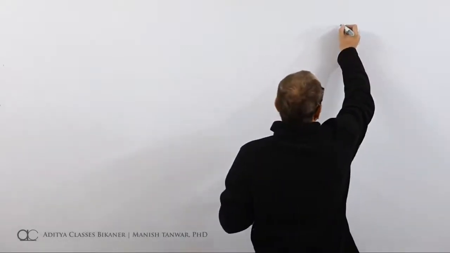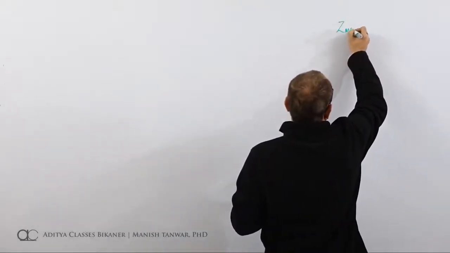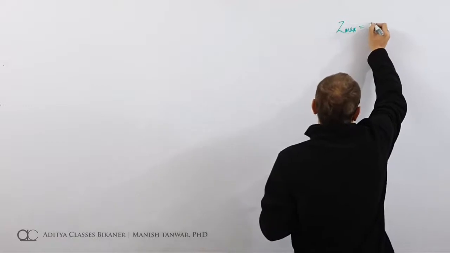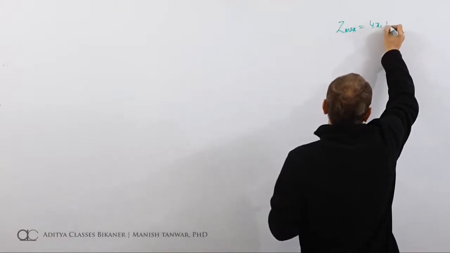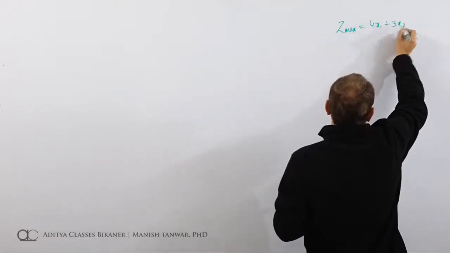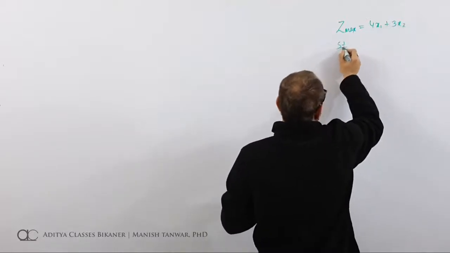For the purpose, we will take an example. Let us say Zmax is equal to 4x1 plus 3x2, subject to certain constraints.